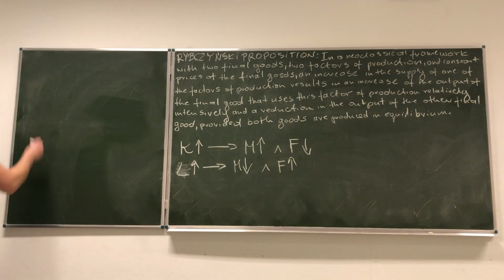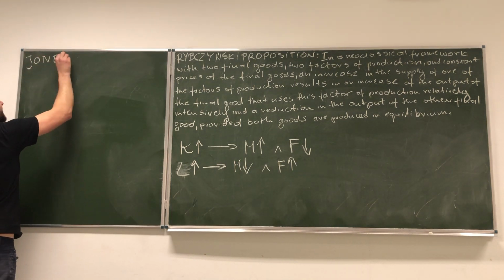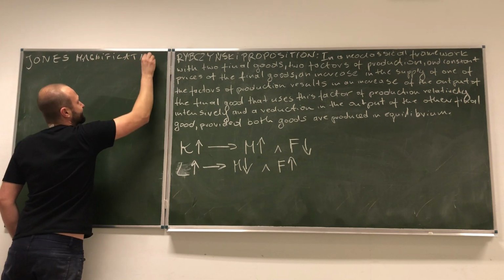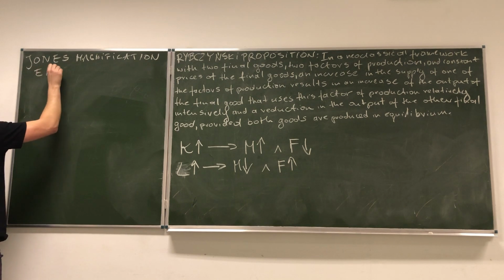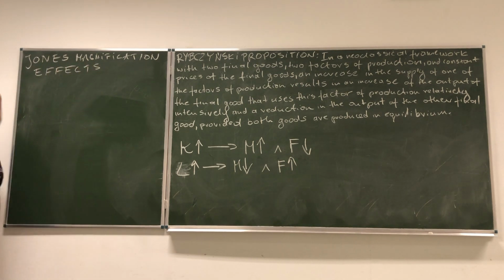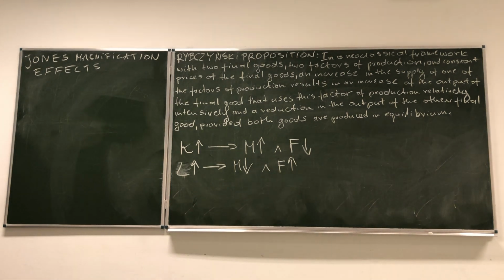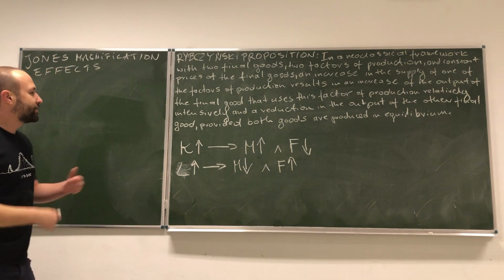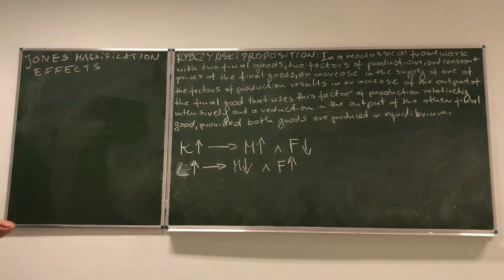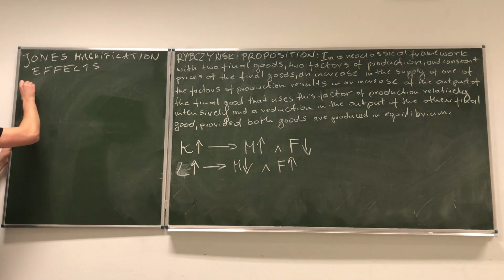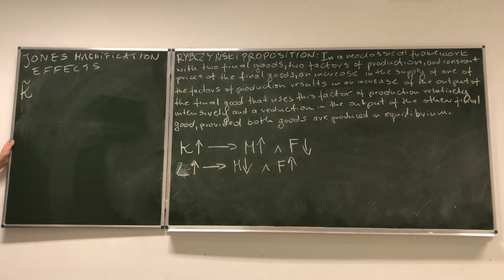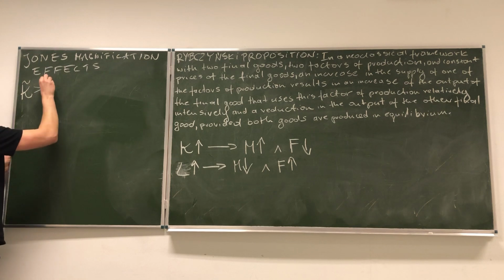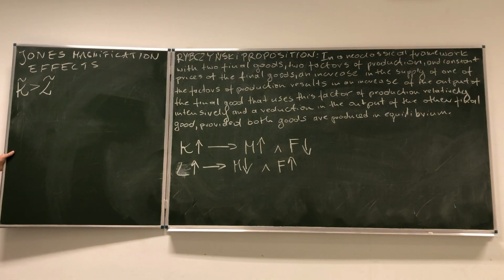Because over here we also have the magnification effects. Okay, so look, in the case of the magnification effect, we talked about relative changes, right? So here we can say that if the relative change in capital is higher than the relative change in labor, what is going to happen?